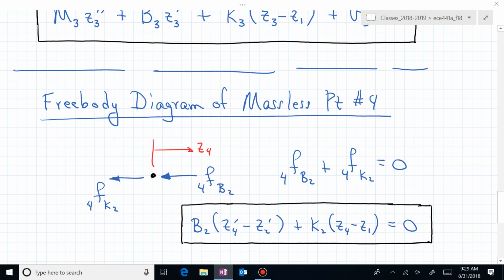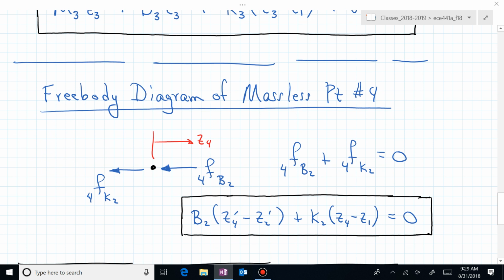And here was our potential source of difficulty, which concerns the massless point, between a dashpot and a spring, and those are the only two forces that are active relative to moving this point in the positive z sub 4 direction.